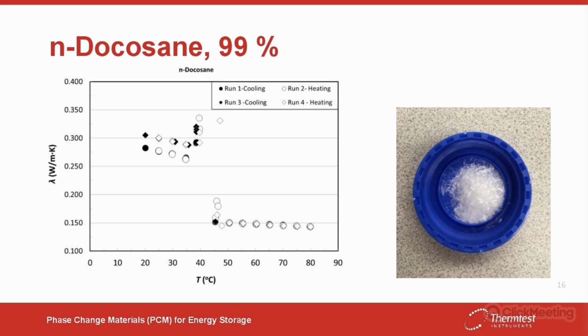So in order to pour this sample inside our cell, we need, as we did with most of the PCMs that were solids at room temperature, to heat up both the sample and the measuring cell to one temperature.